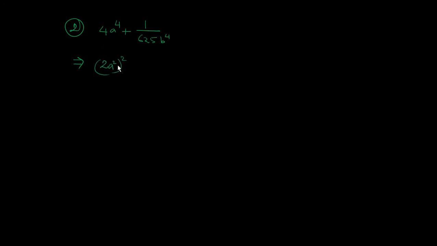You can write, dear students, this is (2a square) whole square. Here are two terms, so use the whole square form. 2 whole square is 4, a square whole square is a to the 4. Remember, ab square and (ab) whole square are not the same, and 2a square and (2a) whole square are also not the same. This is only the power of a. Here the power applies to both terms, so it will be 4a square, remember.